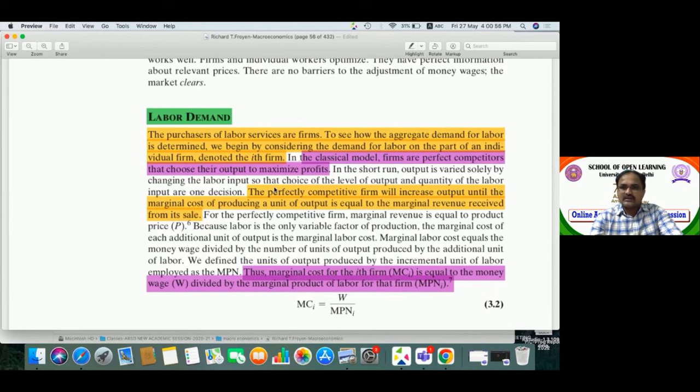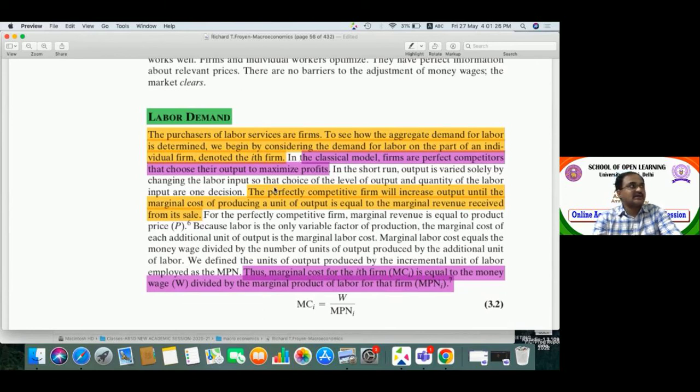Their goal is to maximize their profit. In perfect competition, all the producers are price takers. Whatever the price is, they must accept it. The same applies in the classical theory under perfect competition. Whatever wage is available, the labor must take it.